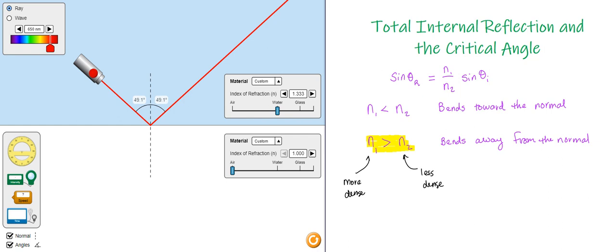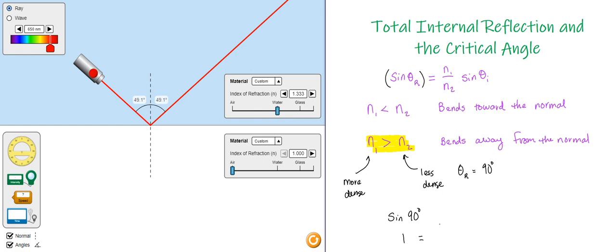And so what we usually say here is that the angle of refraction for the critical angle is 90 degrees. So we're going to assume that it has refracted along the boundary and is no longer refracting. What's essentially happening here is that the sine of 90 degrees, which is this side of the equation, is equal to 1.